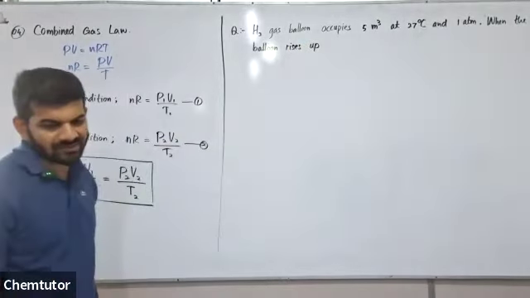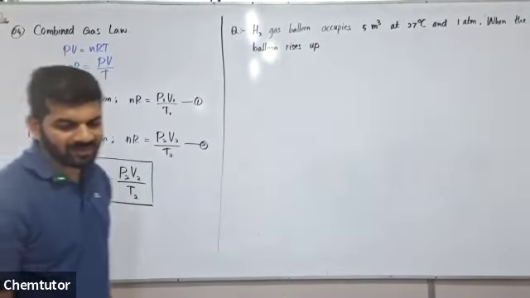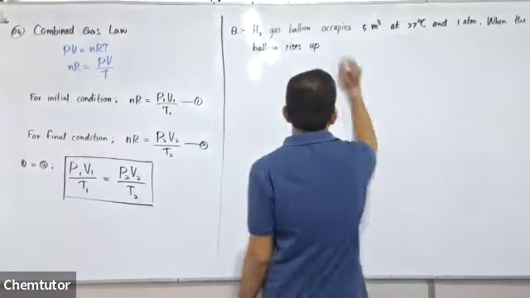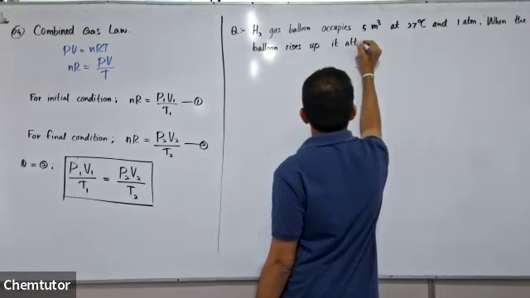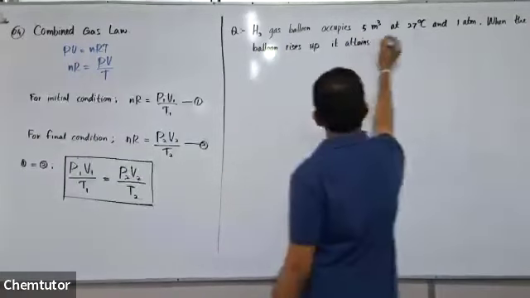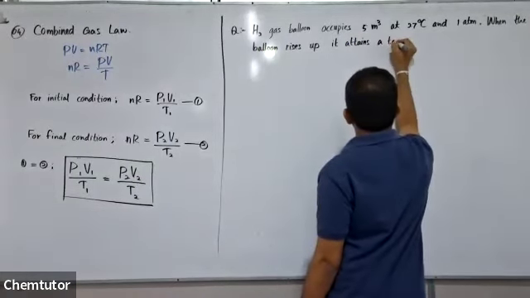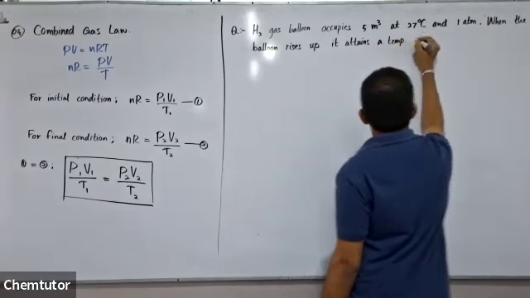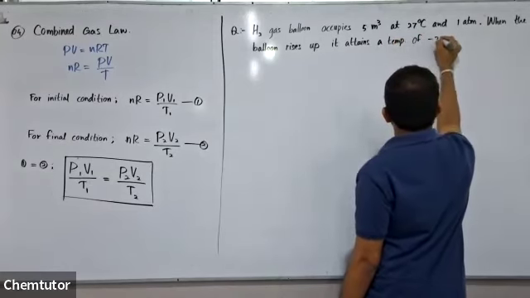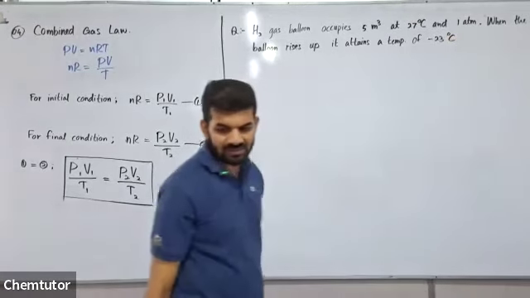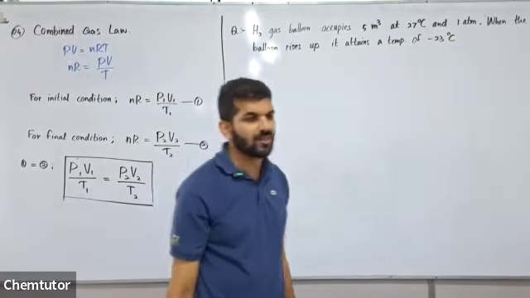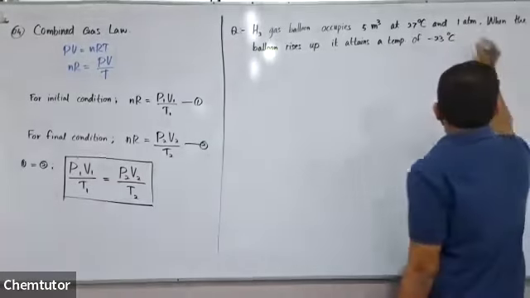When the balloon rises up, it attains a temperature of minus 23 degrees Celsius and a pressure of 0.2 atm.